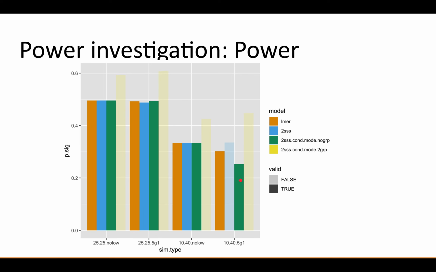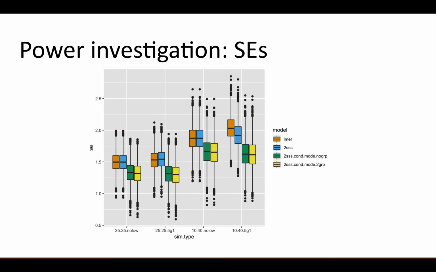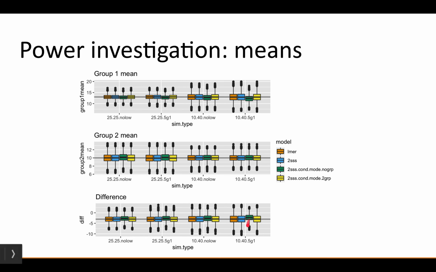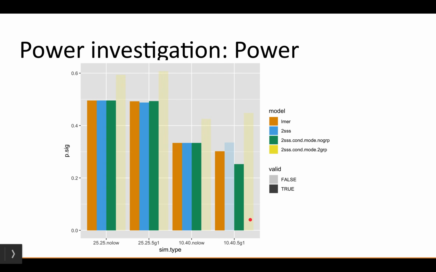And that loss in power is, again, because of this bias that we're seeing here. We're not seeing the difference. It's biased towards 0, so it's hiding the effect. Because of that, I wouldn't ever recommend extracting conditional modes and using them in analyses.